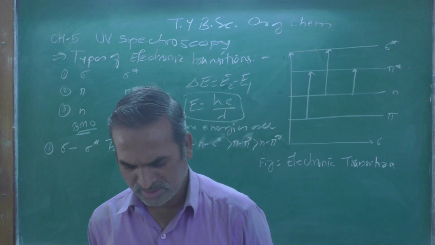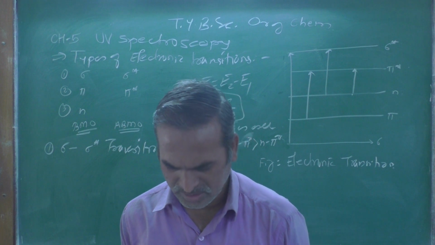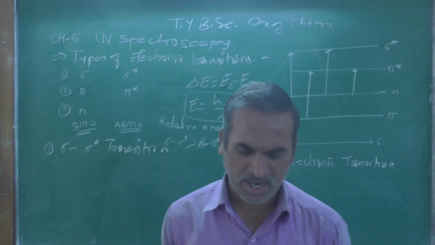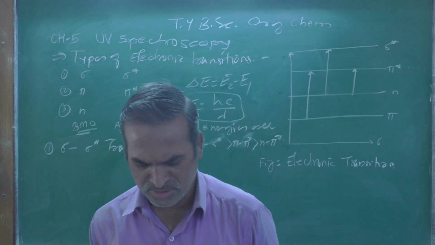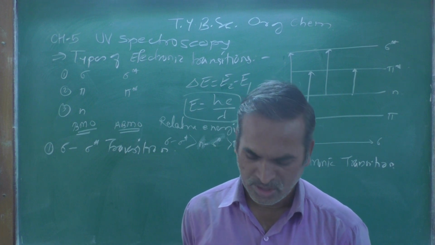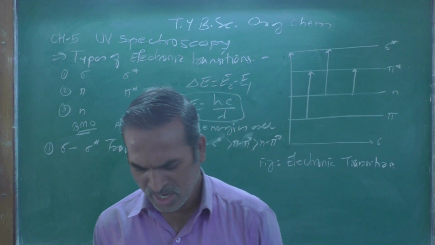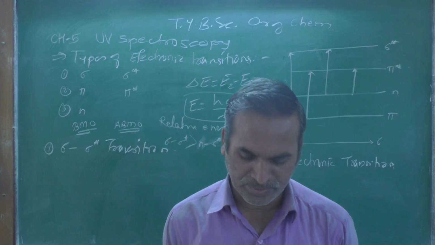As we know, electrons in sigma bonds are tightly held, and hence sigma to sigma star transition is a high energy process and absorption takes place at very short wavelength, near about 150 nanometer.